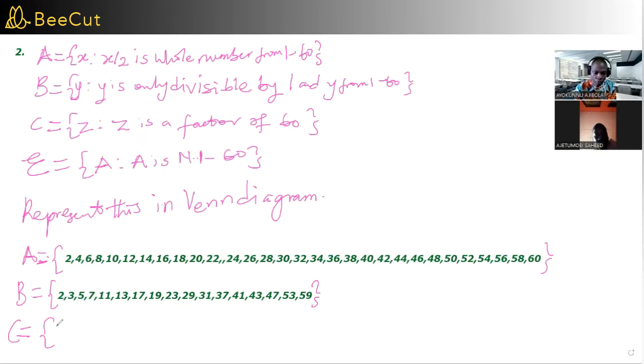So I have 1, 2, 3, 4, 5, 6. The factors of 60: 6, 10, 12.